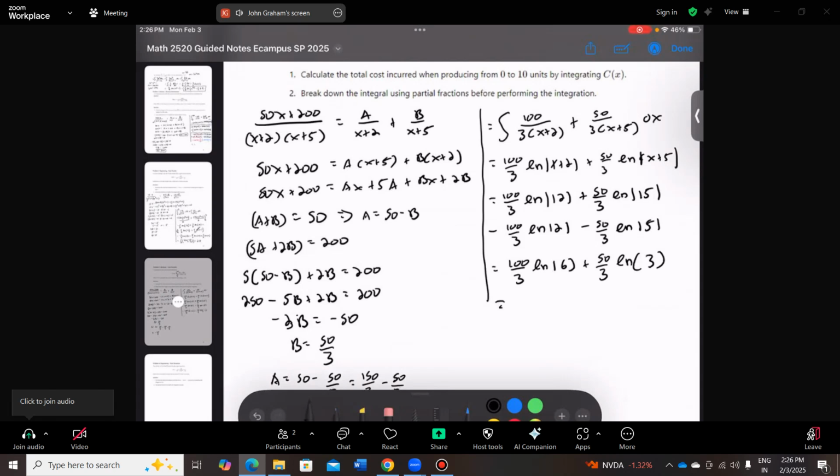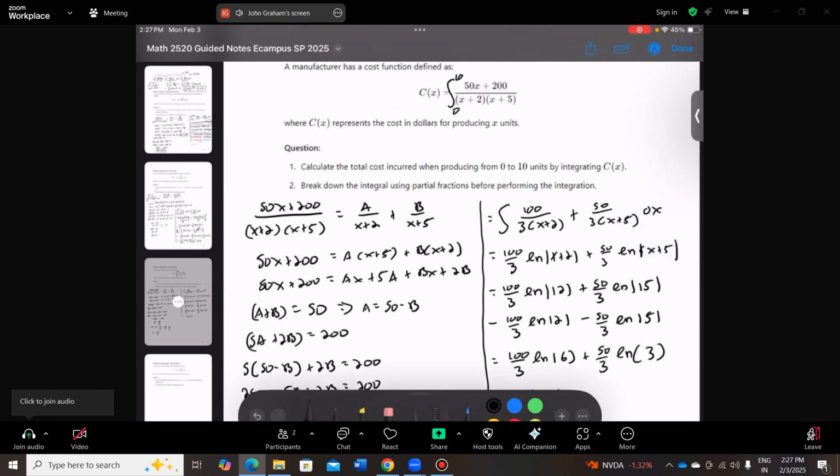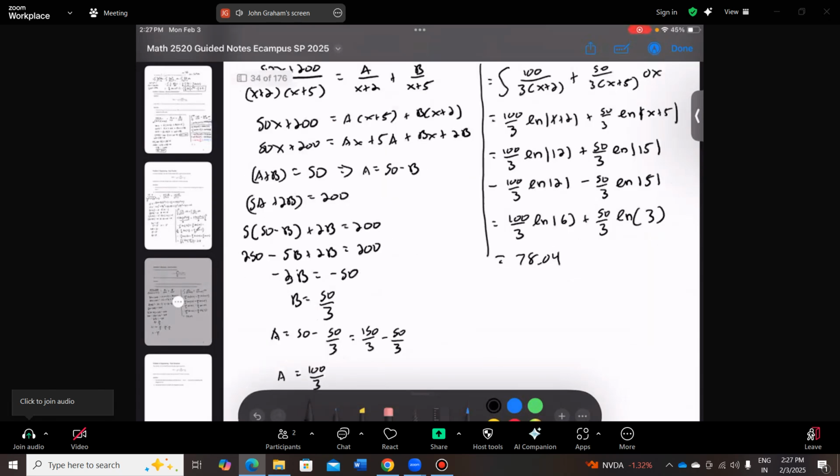Alright, so 100 divided by 3 times natural log of 6 plus 50 divided by 3 times natural log of 3. It's 78.04. And this is the cost in dollars for producing 10 units. Going from 0 to 10 units.